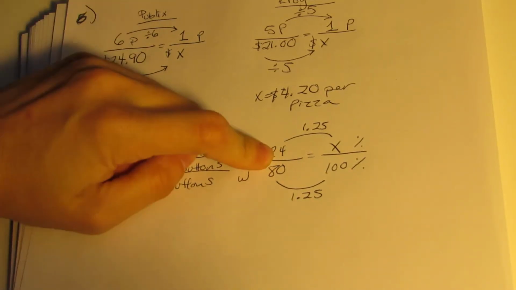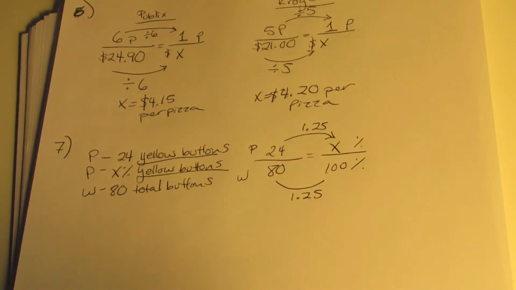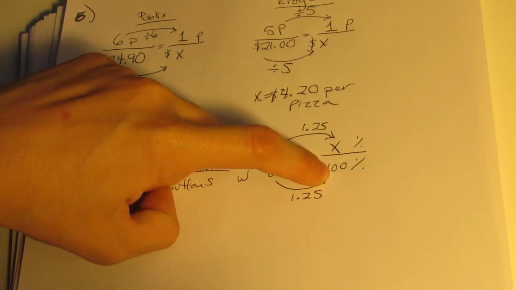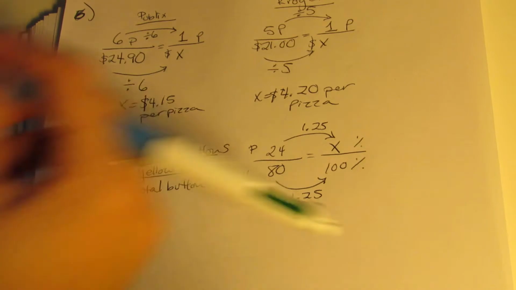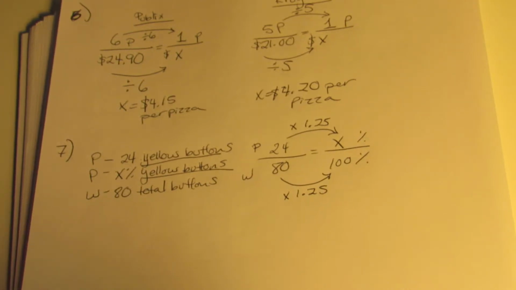I always want to go toward my X, so I'm going to draw my arrow toward my X. I'm going to do the same thing for my denominator. If I look, going from 80 to 100, I'm going to a bigger number, so that means I need to multiply. So I'm going to do the same thing on the top. Let's check 80 times 1.25. It does give me 100, so we were right.